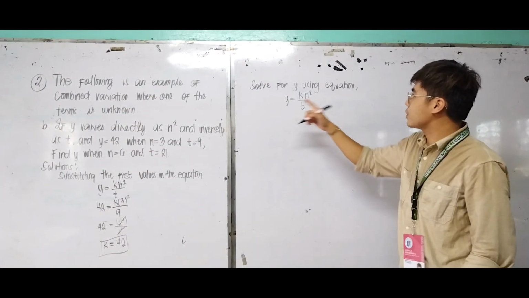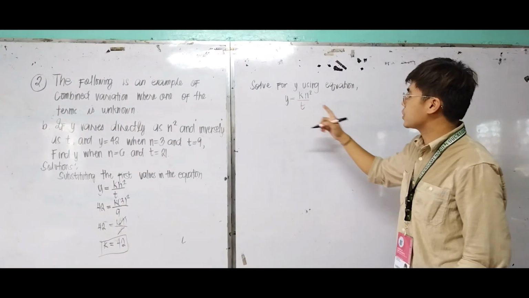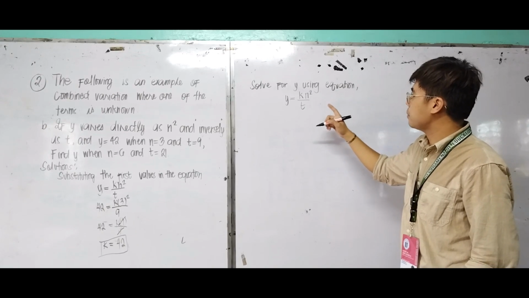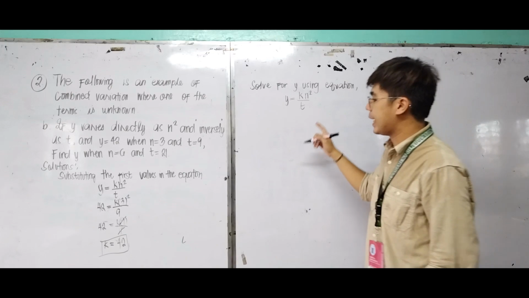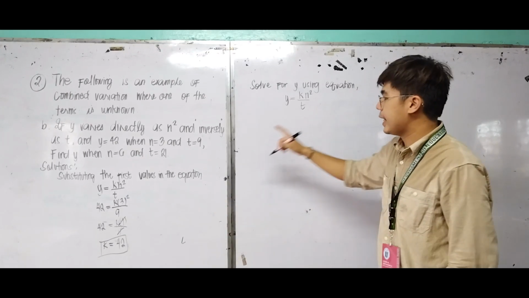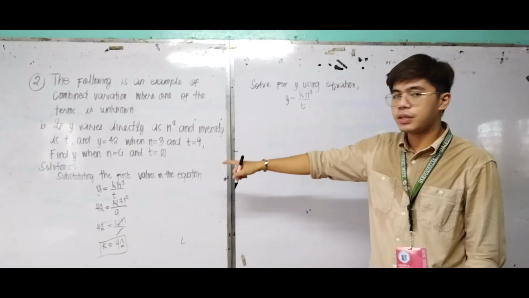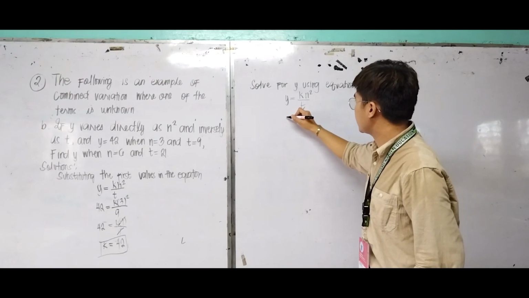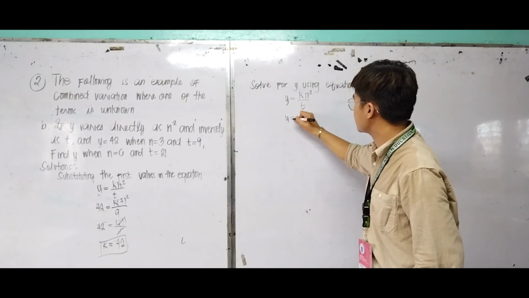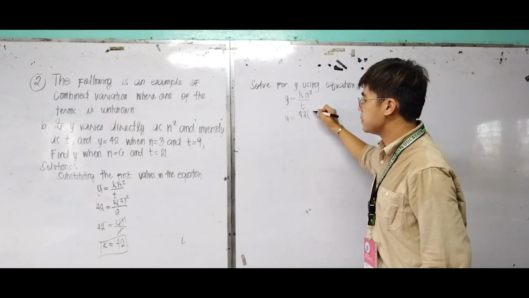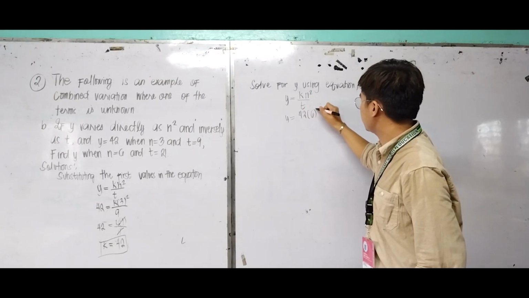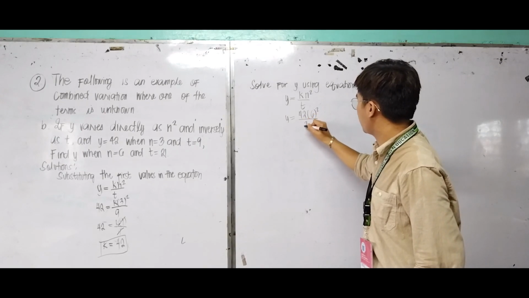Now next, we need to solve for y using the equation y equals k times n squared over t. So we have the given k as 42, n as 6, and t as 21. So we need to substitute the given values in the equation. So we have y equals 42 times 6 squared over 21.